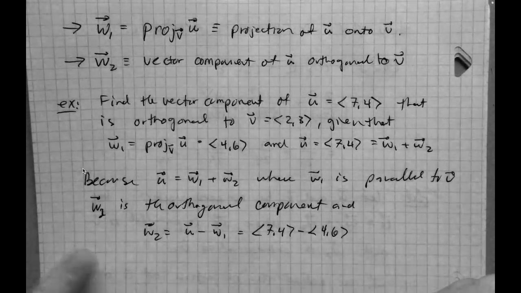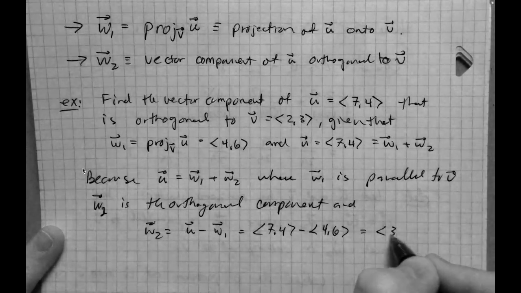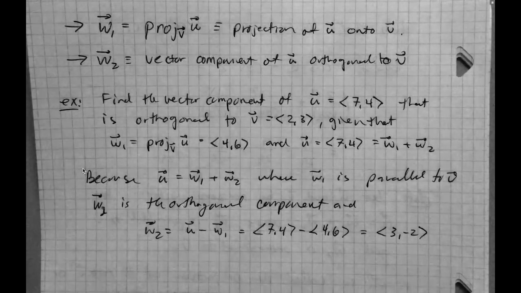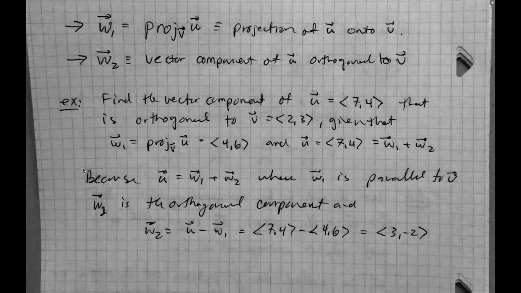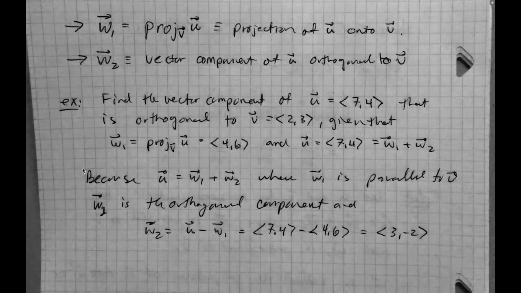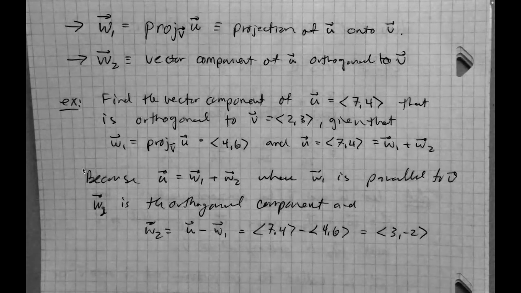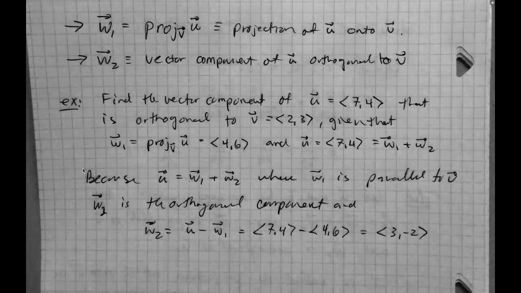So this is just basically a subtraction problem. So that's just going to be 3, negative 2. Okay, so W2 poses no problem. It's easy to find W2 once you've found W1, right? Once you figure out what the projection of U onto V is. All right, so how do we do that?